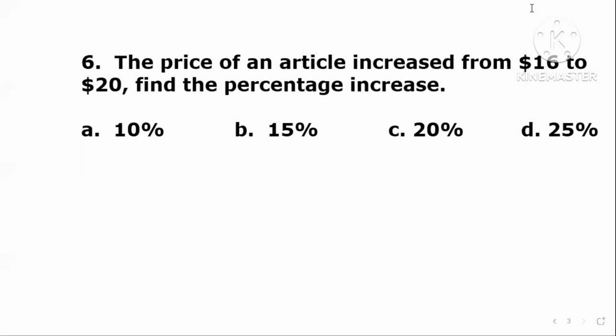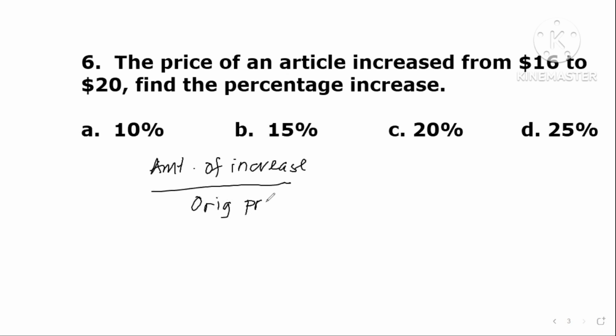Problem 6. The price of an article increased from $16 to $20. Find the percentage increase. So, the percentage increase is the amount of increase over the original price, times 100%.